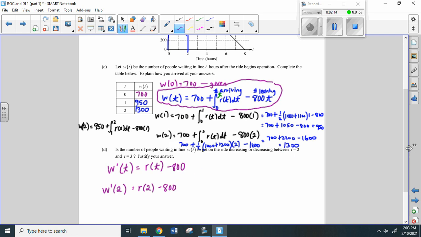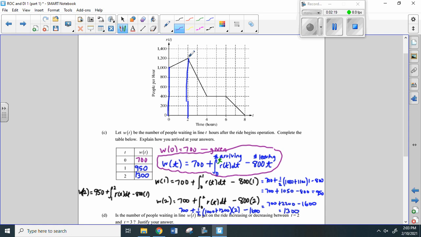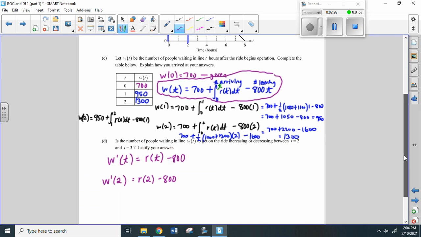And remember, R of T is my graph. So R of 2 would literally be the Y value on the graph when time is 2. So that's 1200. All right, and so that would give us 1200 minus 800 is 400. So W prime of 2 is 400. So at exactly time 2, we know the number of people waiting in line is increasing at a rate of 400 people per hour, okay?